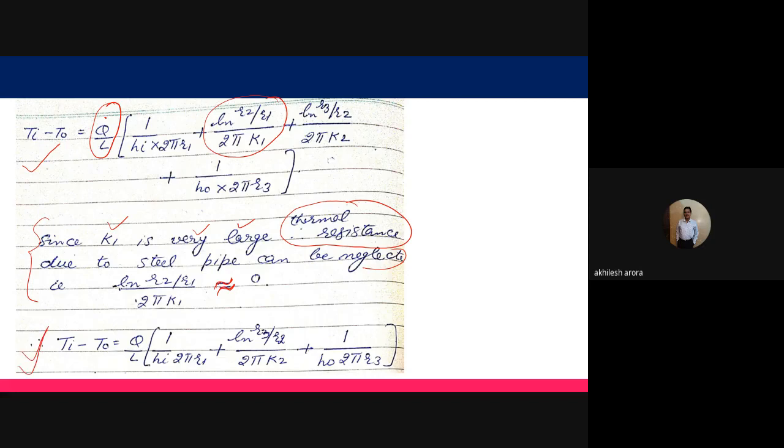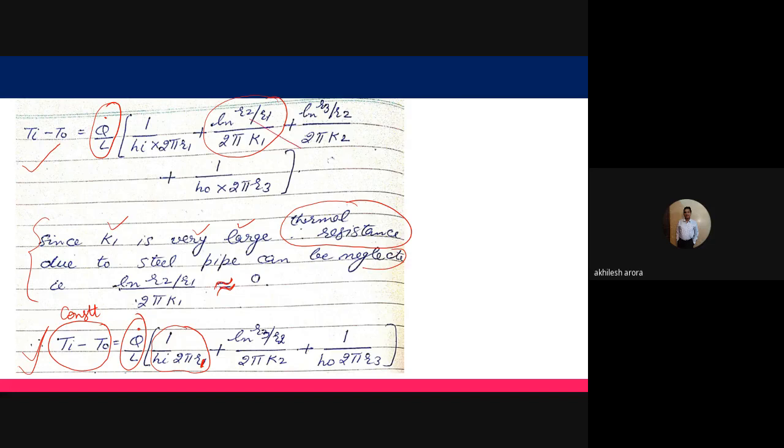Now if you see this particular expression, the value Ti minus T naught is a constant term, because if we are given the inner temperature as 90 degrees and outer temperature as 30 degrees Celsius, this is going to remain constant. R1 is the inside radius of the steel pipe, so this whole quantity is also constant.